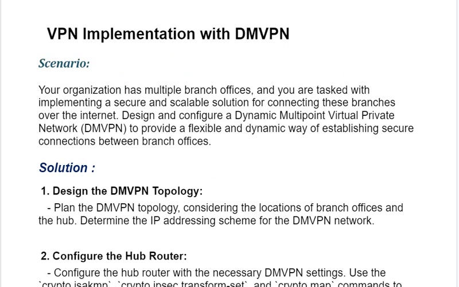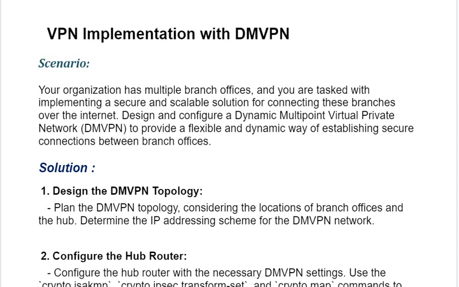Now moving towards the scenario based on the topic VPN implementation with DMVPN. Our first scenario is: your organization has multiple branch offices and you are tasked with implementing a secure and scalable solution for connecting these branches over the internet.